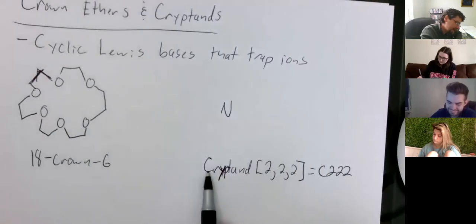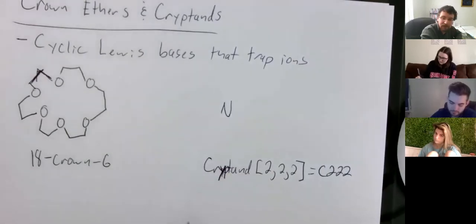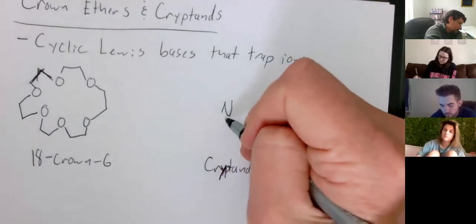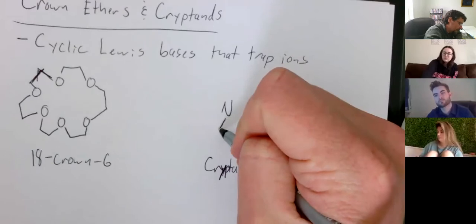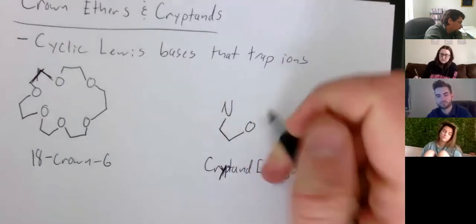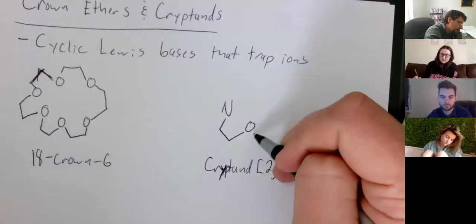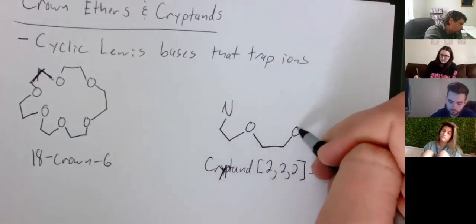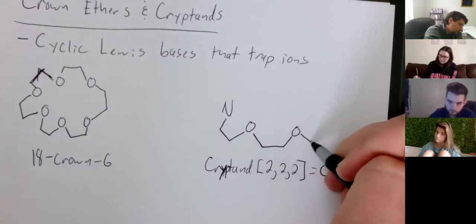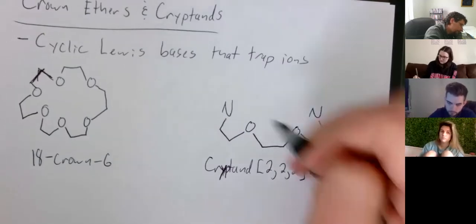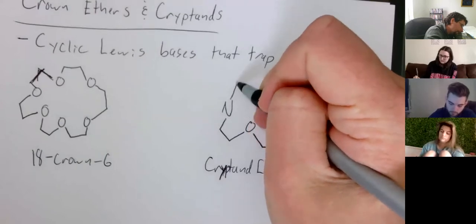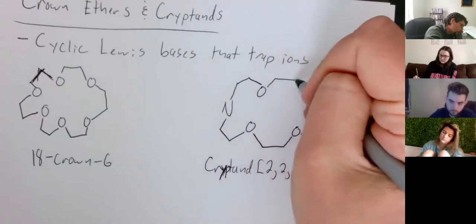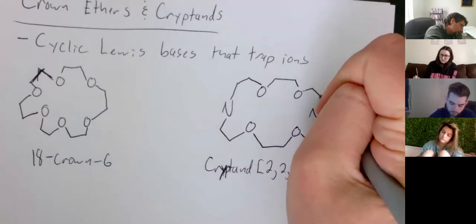Yeah, it should be a cryptand. And it has one. So what these 2s indicate are how many oxygens they have. 1, 2, 3.